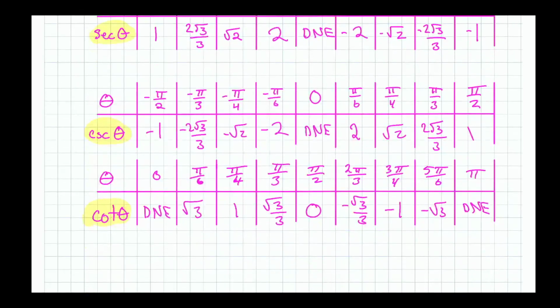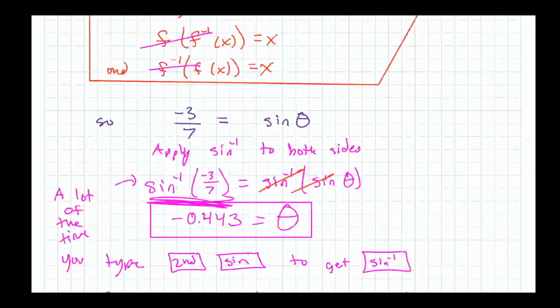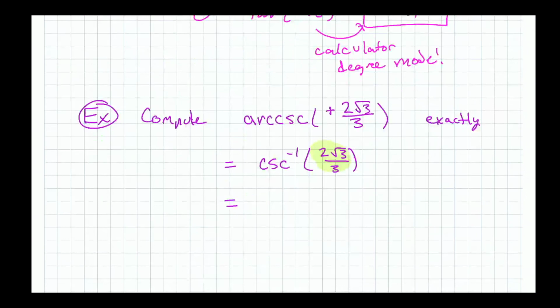So cosecant, look for it. It's here. 2√3/3. The corresponding angle is pi/3. So what's the answer? Very simply, pi/3.